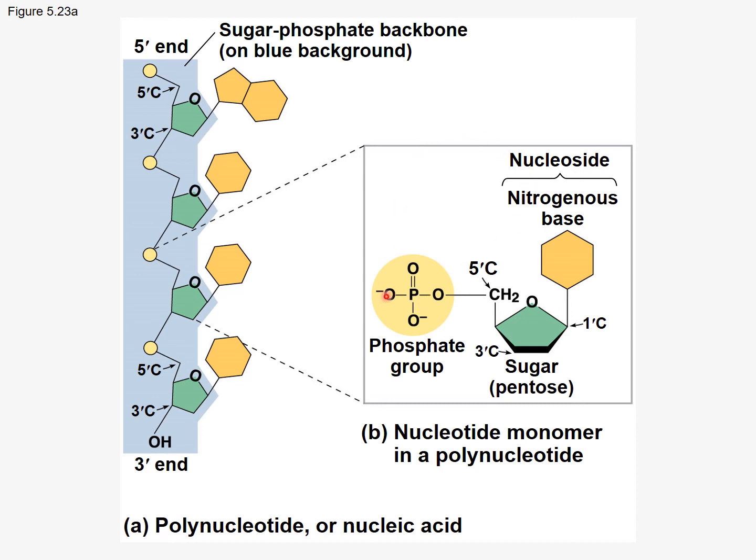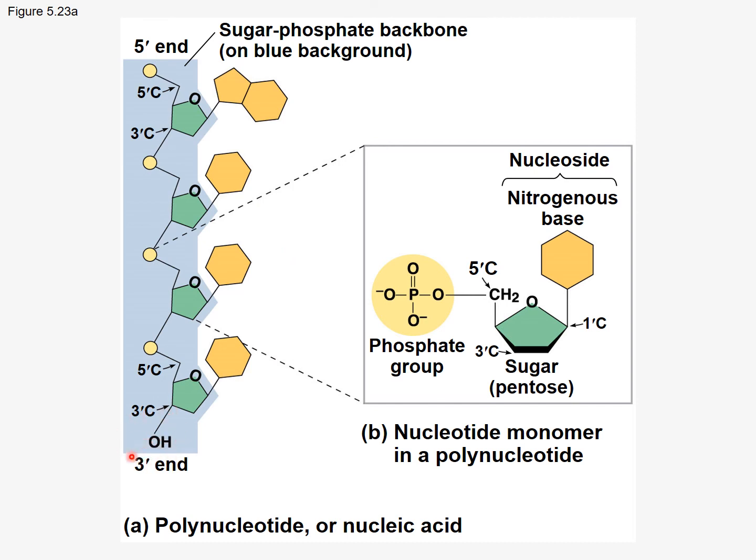So this makes up a nucleotide, and nucleotides can connect to each other through the phosphate group and the 3' carbon to create a phosphodiester bond. So this is a phosphodiester bond right here. And the 5' end of the whole string is where the 5' carbon is going to be, and the 3' end of the string is going to be where the 3' end is.